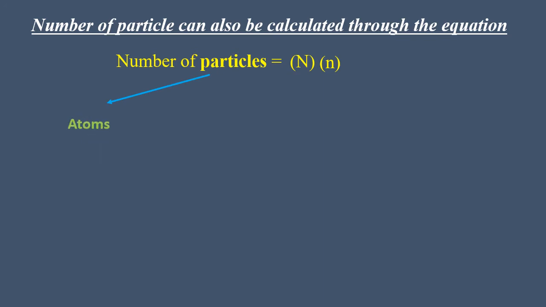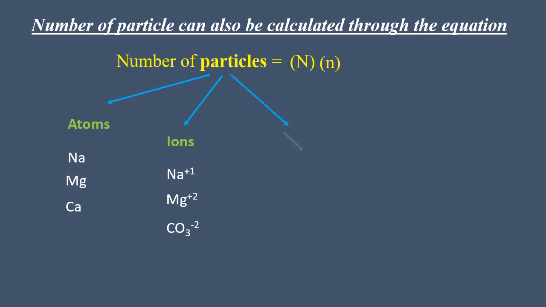Examples of atoms are sodium atom, magnesium atom, and calcium atom. Particles can also be ions. Examples of ions are sodium ion, magnesium ion, and carbonate ion.